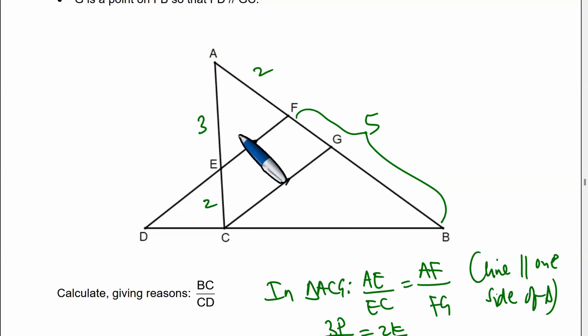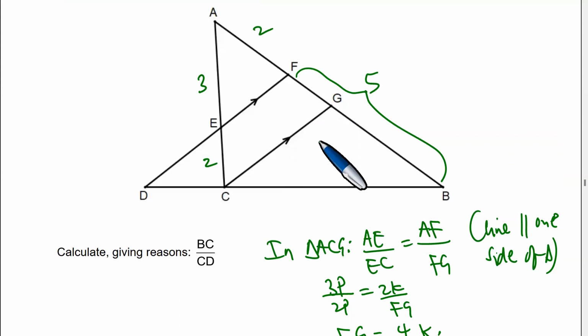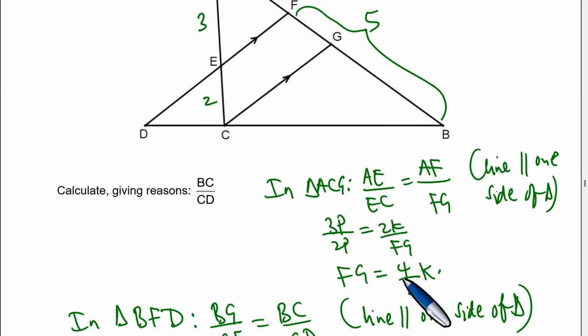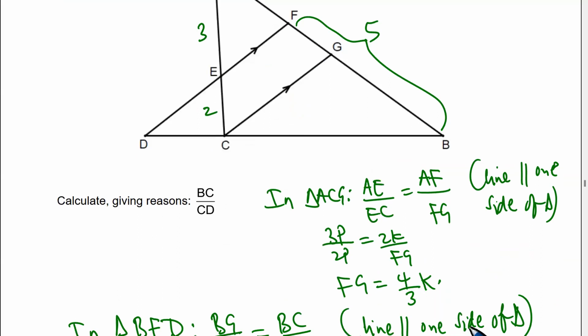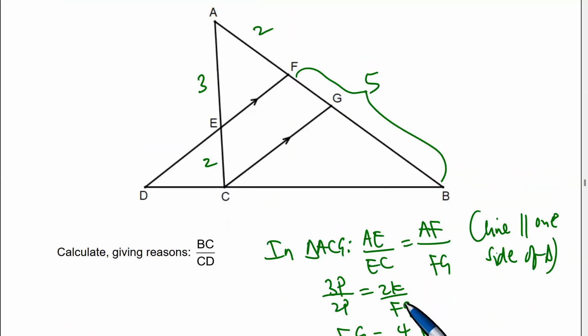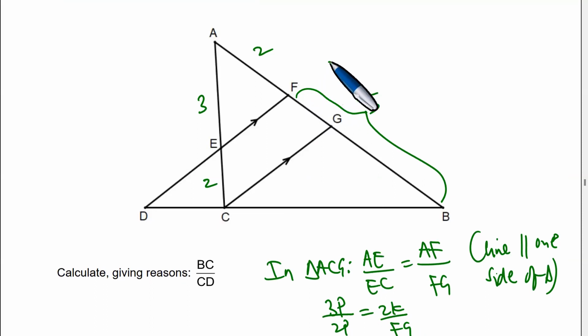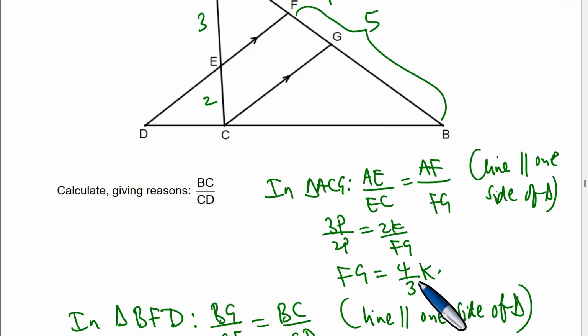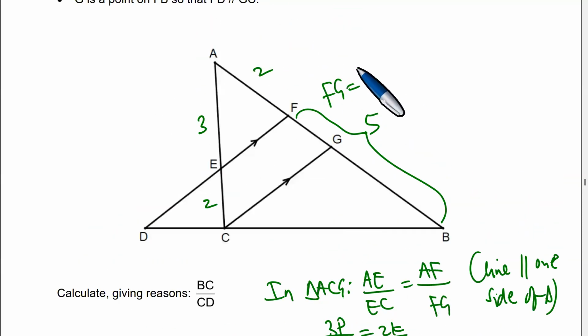So what would AF over FG be? We've seen that AF over FG becomes AE over EC, and therefore that gave us FG. So what is FG? I want to just give a comment here. FG is 4 out of 3 K.